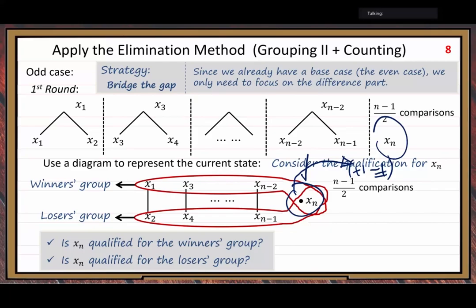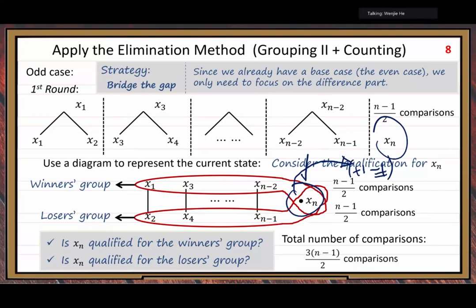For the minimum, the same thing, the same understanding. Then we can calculate the total. Add up these three numbers, 3 times parenthesis n minus 1 over 2. For the odd case, we have another formula.